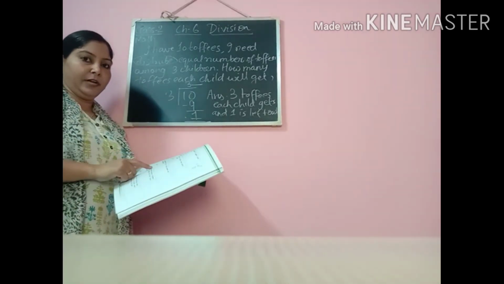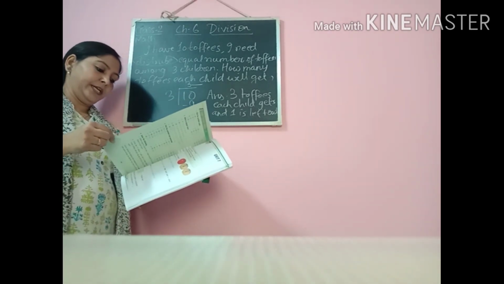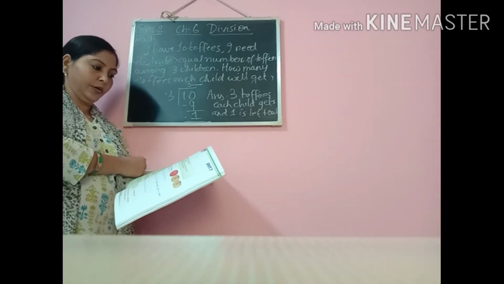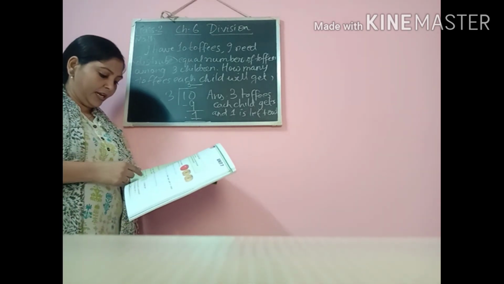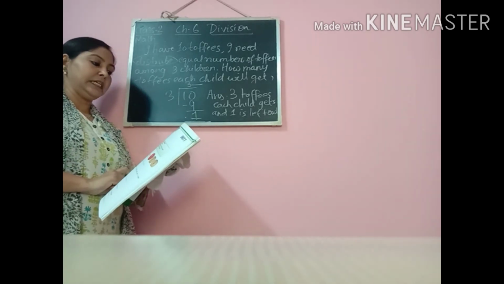Okay, so you have learned how to do the division. In a similar way you will be doing the next question and it is done. Okay. And finally in page number 100 you have Test Your Skills.